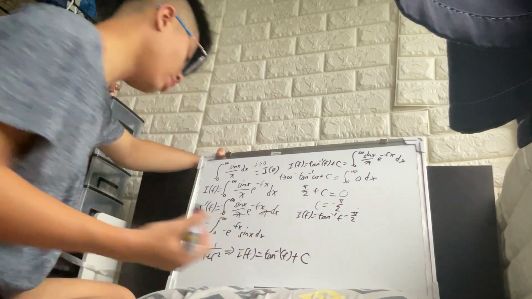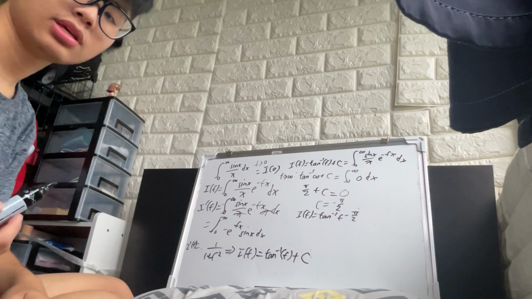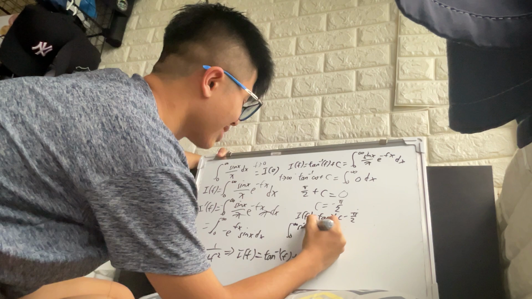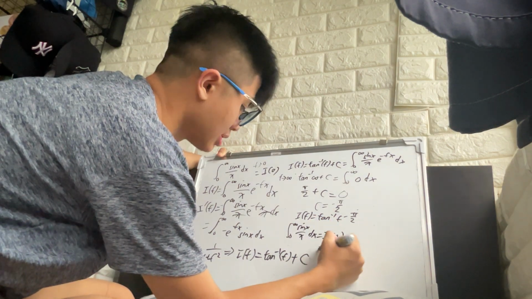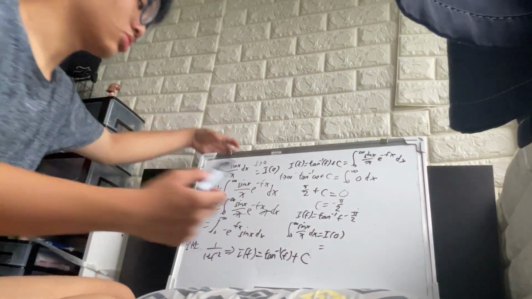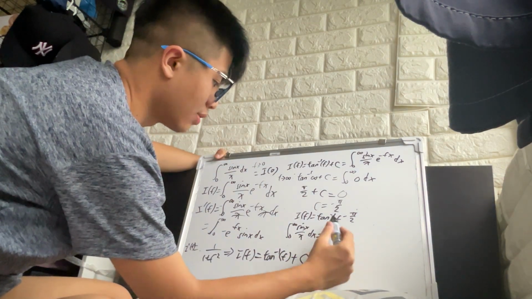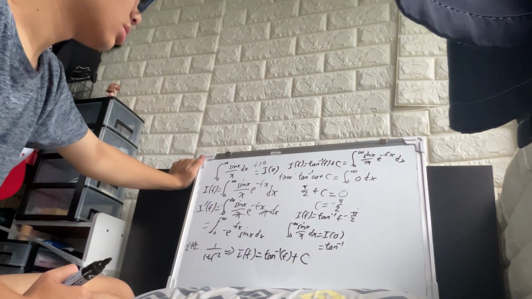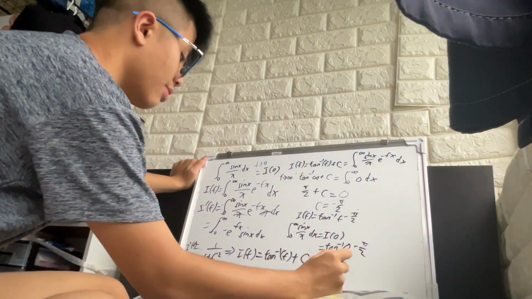So originally we know that it is equal to I of 0, as I mentioned before. For this original integral, this is equal to I of 0. You don't need to write down I of 0, that's okay. And this is just equal to inverse tangent of 0 minus pi over 2, which is negative pi over 2.